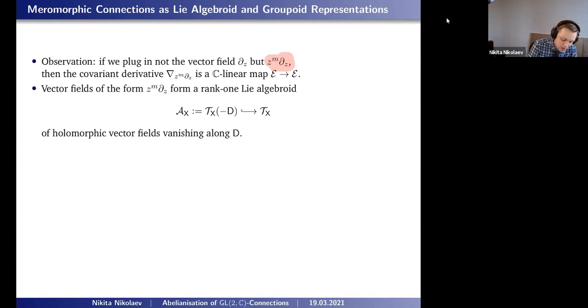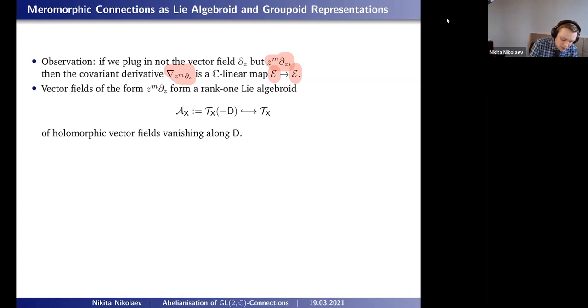And the point is that once I put this kind of vanishing vector field, then this covariant derivative becomes an honest map from holomorphic sections of E to holomorphic sections of E. I get nothing singular.